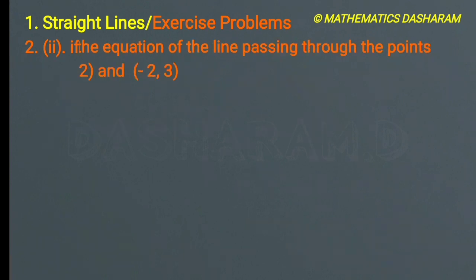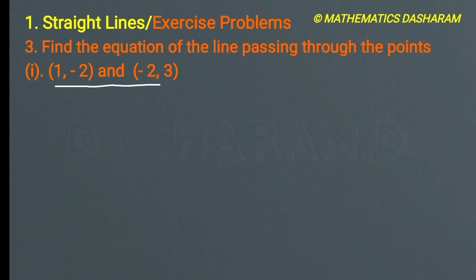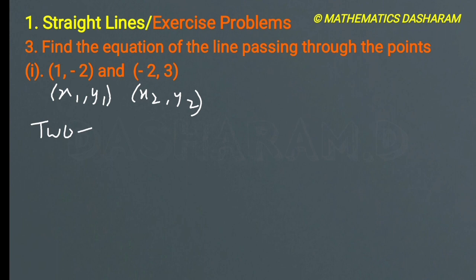Next, the third bit is: find the equation of the line passing through the points. Two points are given, (1, -2) and (-2, 3). The first point is (x1, y1), the second point is (x2, y2). Here the required formula is the two-point form.